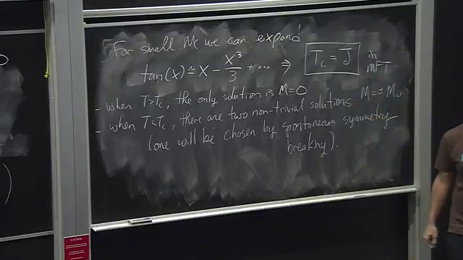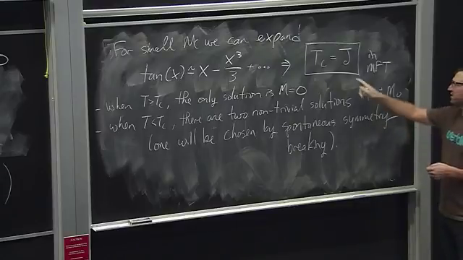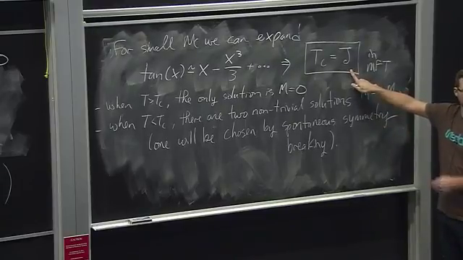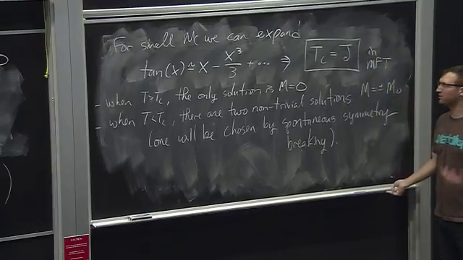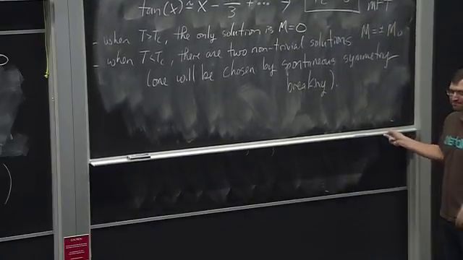Make sense? This is not the exact solution for the Ising model. Again, it's just the approximate solution that's given to us by mean field theory. Okay.